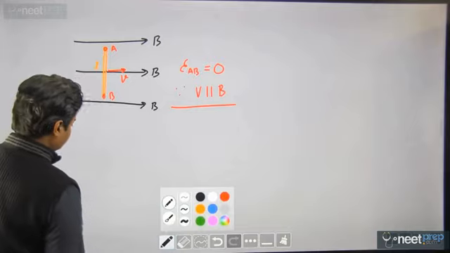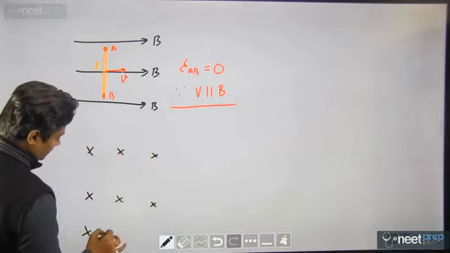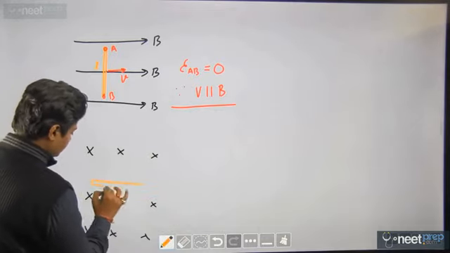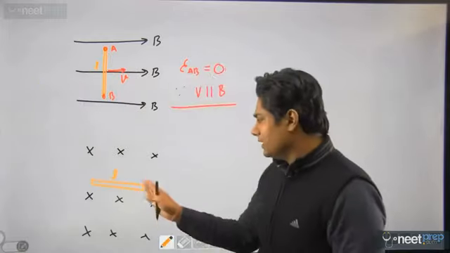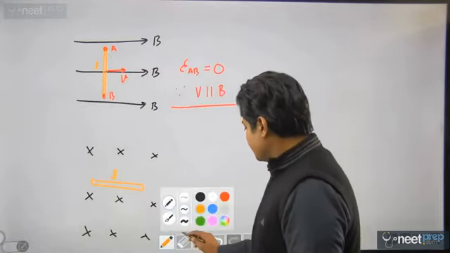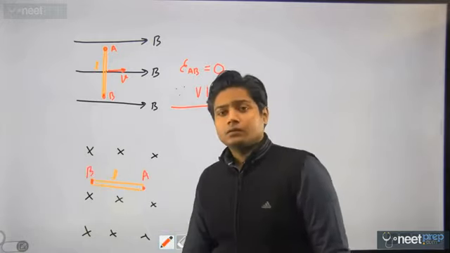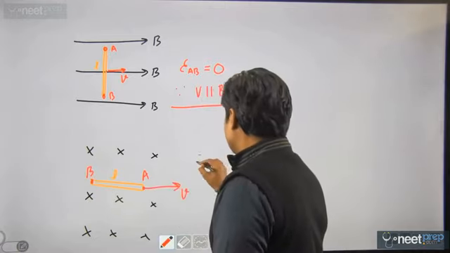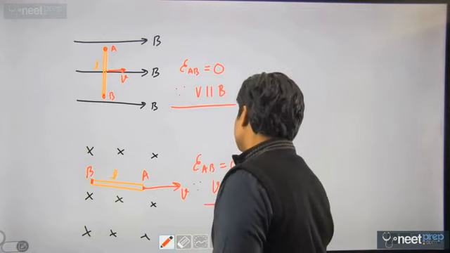Further, for example, this is the magnetic field, and let us say this is your rod. You can see again the rod and magnetic field are perpendicular to each other. The magnetic field is perpendicular to the plane in which the rod is kept, and its points are A and B. Now my dear student, if I move this with velocity like this, then again EMF across A and B will be 0, because this time velocity is parallel to length.